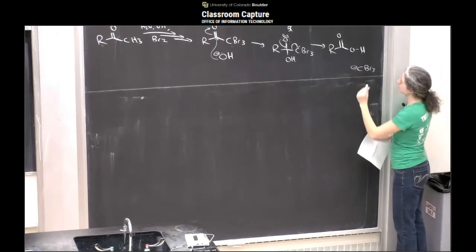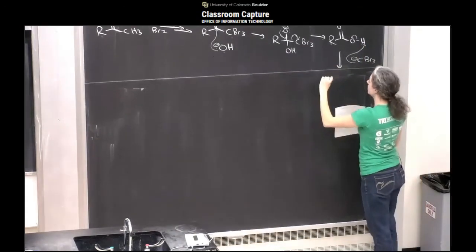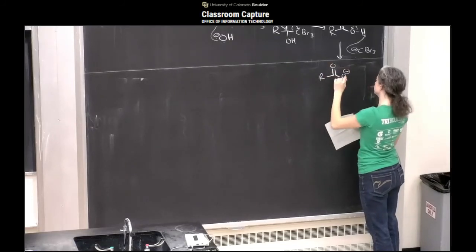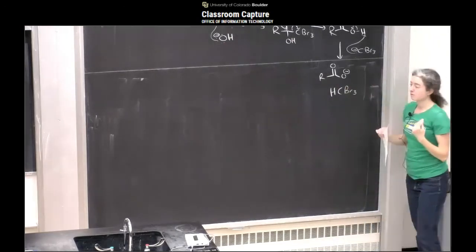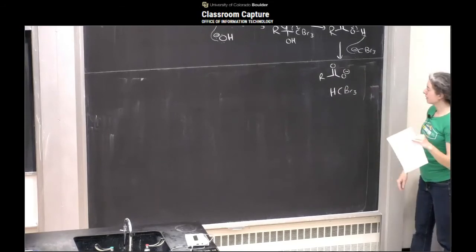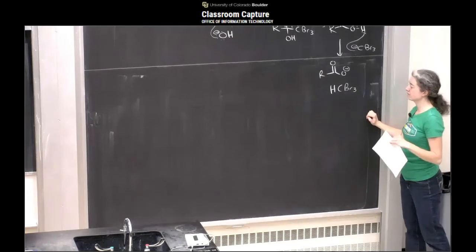I don't actually know what its pKa is, but strong enough to do this anyway. So we're actually going to lose overall 1 carbon from the molecule and make a new molecule of this trihalo thing that we just kicked out.